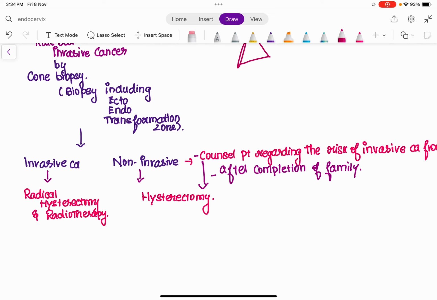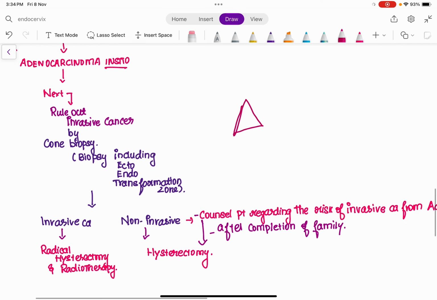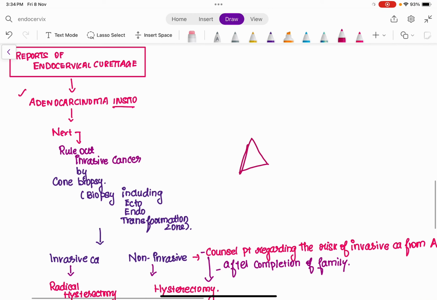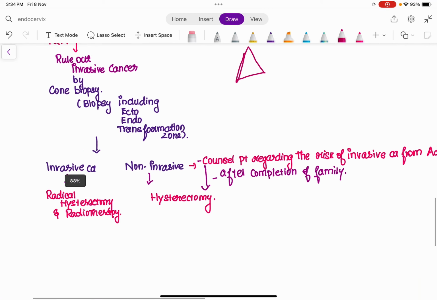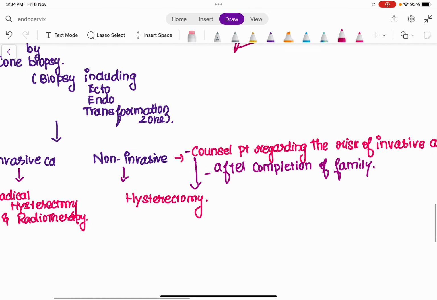But if it is non-invasive, are you going to send the patient back or are you going to do some other procedure? See, now the report comes as adenocarcinoma in situ from the endocervical curettage. Since it is a non-invasive type of cancer from the cone biopsy report, are you going to allow the patient to just come and follow up?